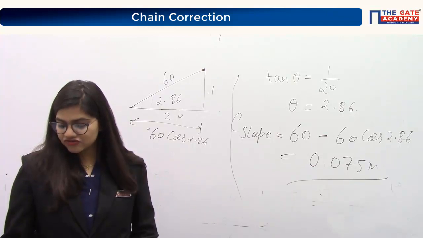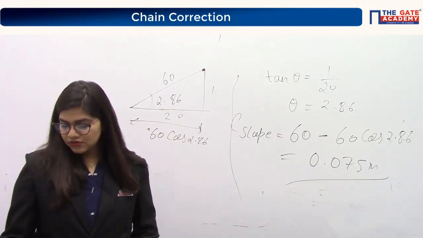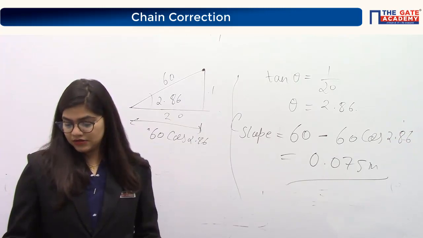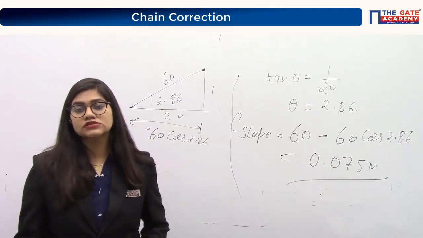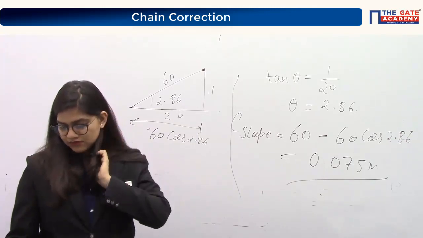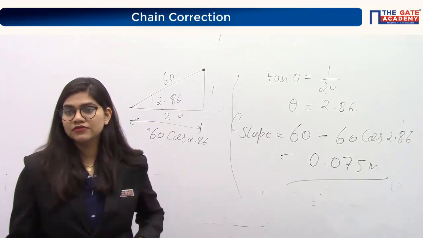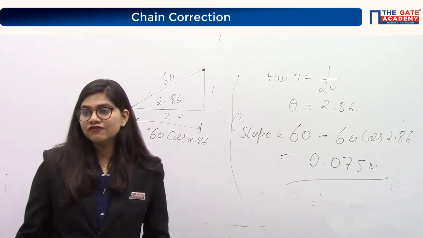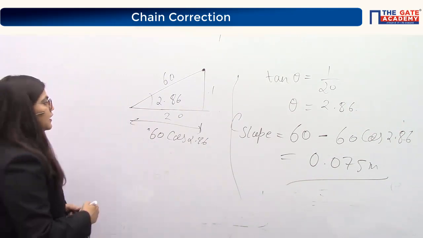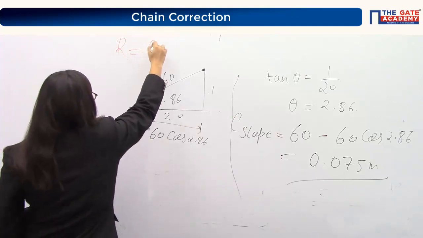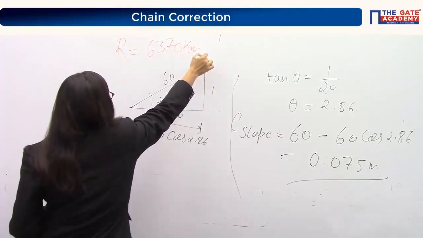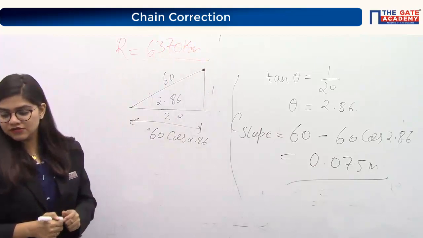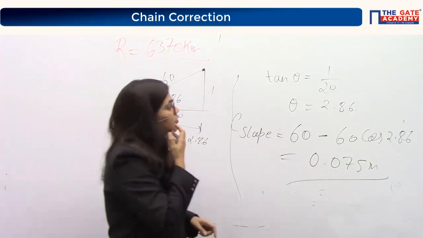The required correction to reduce it to sea level length is question mark, and you have to use the radius of earth as 6370 kilometer. Okay, this is also given.